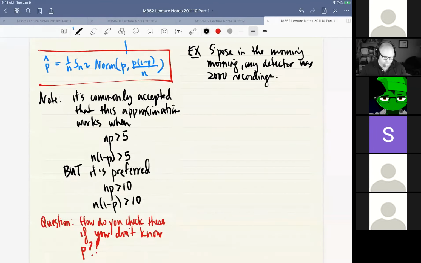I can't read them all. But if I say X is the random variable that tells me whether or not a bat was recorded in a file, so it's going to be a Bernoulli random variable. Was a bat recorded?